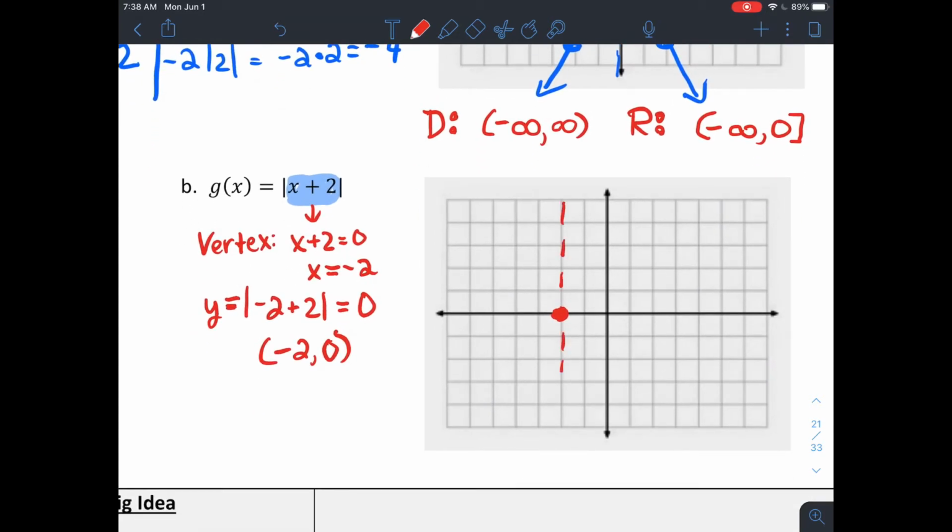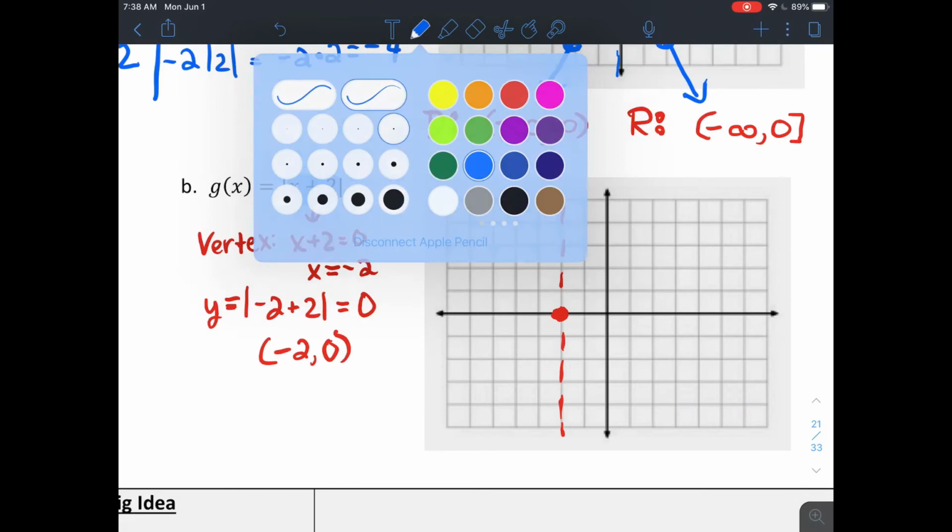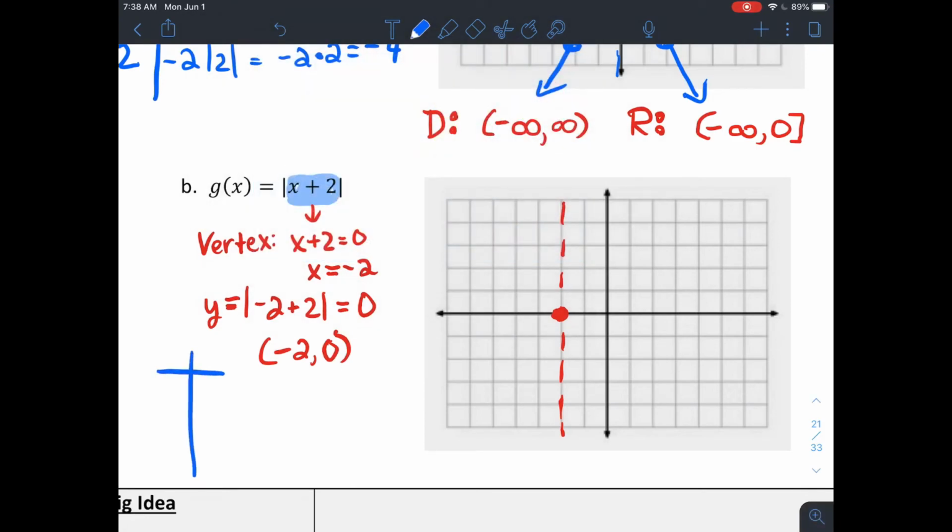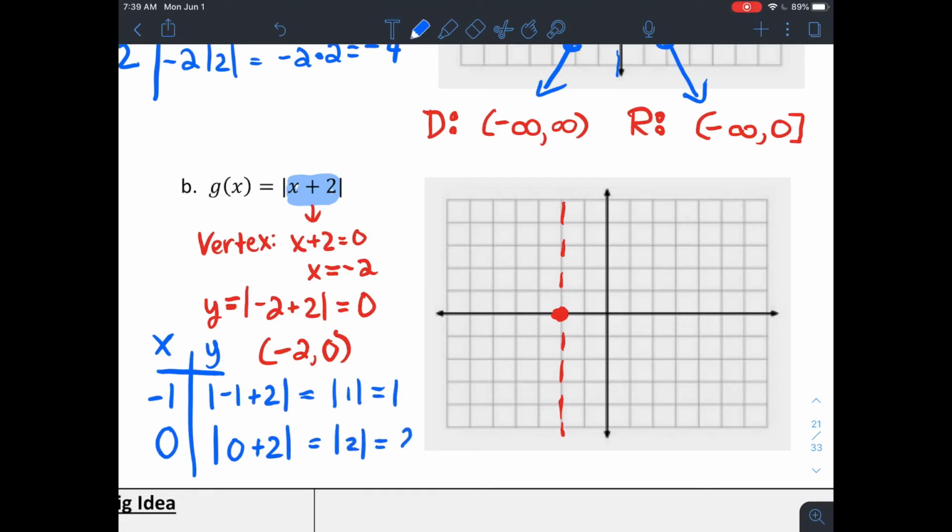Alright, I'm going to sketch my vertex and axis of symmetry, and then I need a couple more points. Let's do -1 and 0. How about? Pick ones close to your vertex, like I said, because otherwise they might not fit on your graph. So if I plug those in, I'm going to end up with the absolute value of 1 and the absolute value of 2, 1 and 2, and reflect it over.